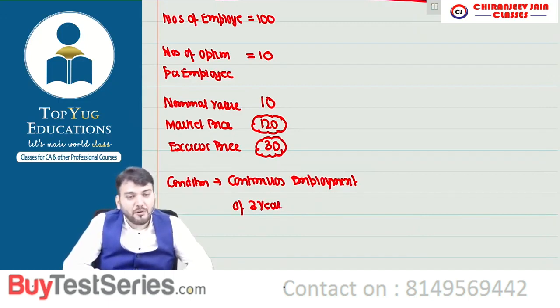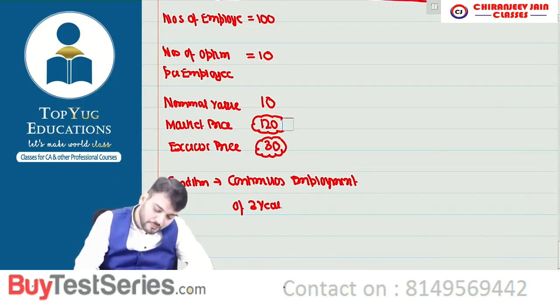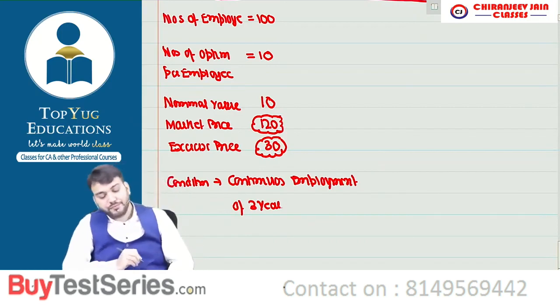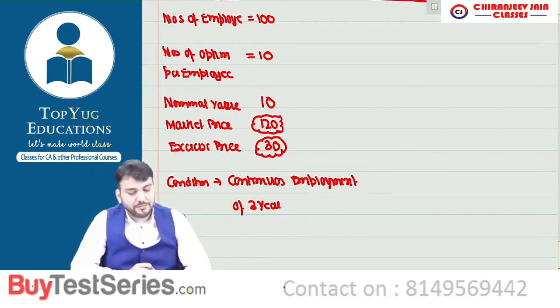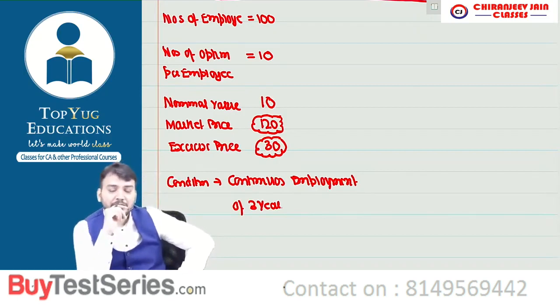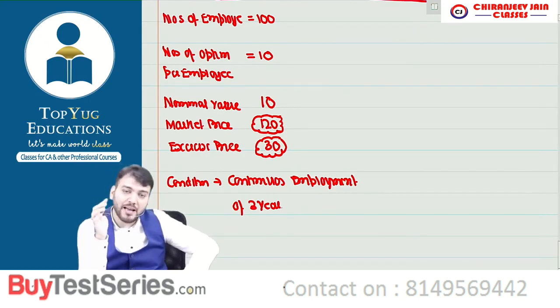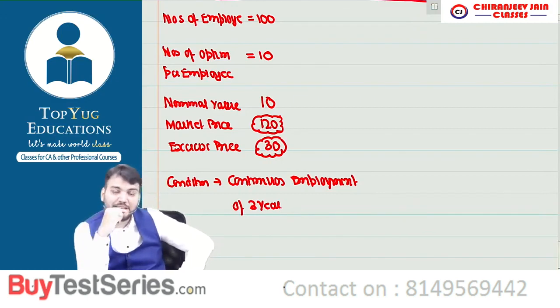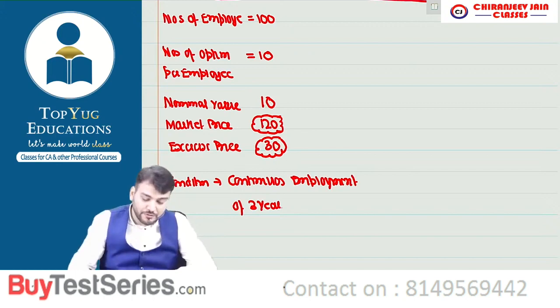These shares are issued at discount or premium. Tell me. Everyone is saying premium, but are you satisfied with the answer? You are saying premium, but I am saying the market price of shares is 120 and shares are given at rupees 30. Does this look like discount or premium? Say yes or no. Correct?